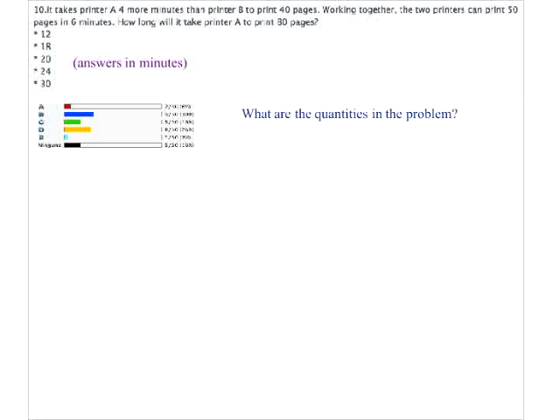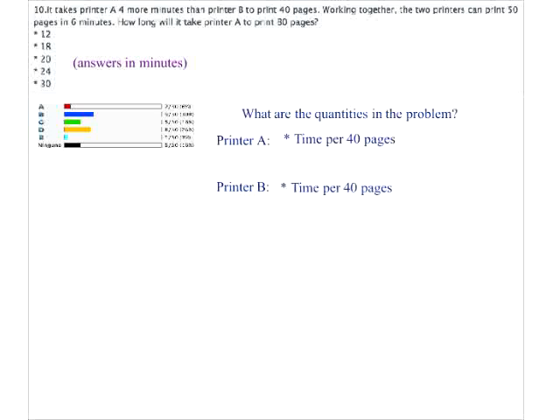Quantities? We have printer A and printer B, and times for different quantities of papers. So we have a time for 40. We have times to print 40 pages. Time per 40 pages is a little bit interesting, but it's a start.